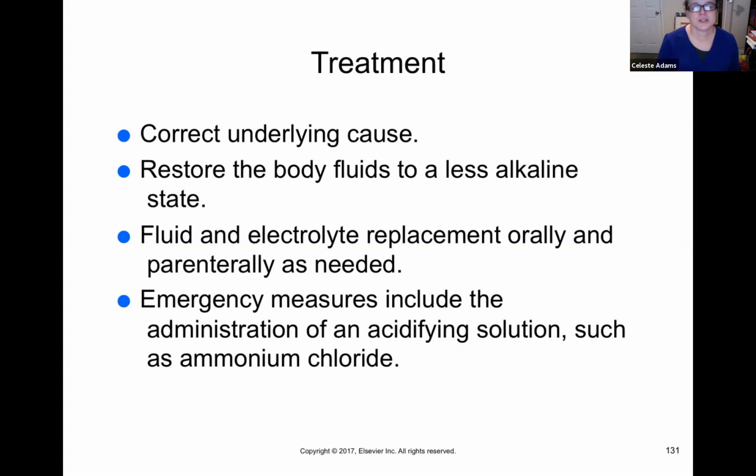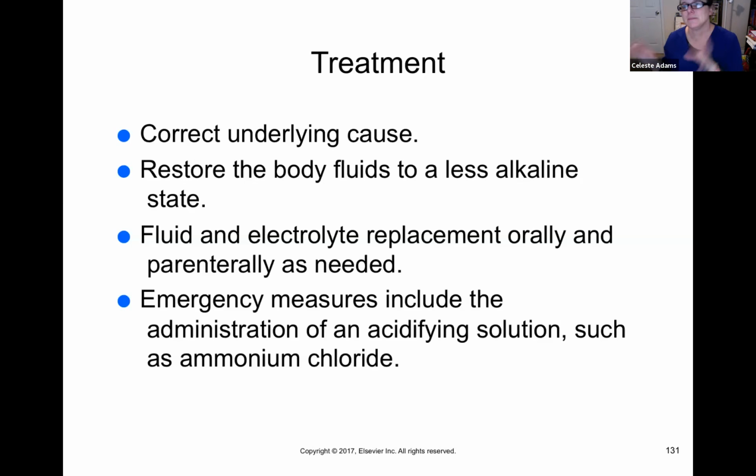You want to restore the body fluids to a less alkaline state. So you may want to give a little bit more acidity to your IV fluids to get them to a less alkaline state, and that acidity goes along a little bit with the osmolality.